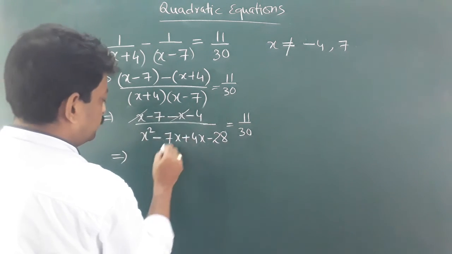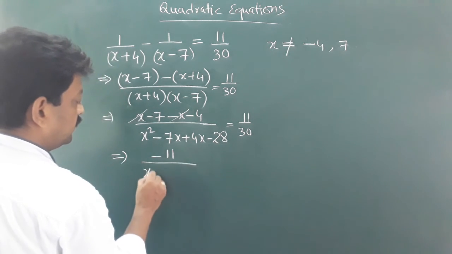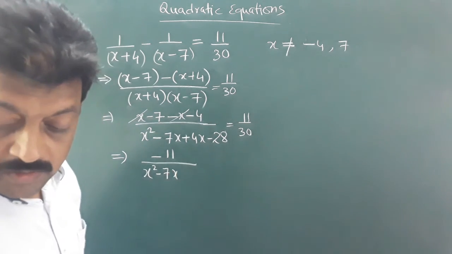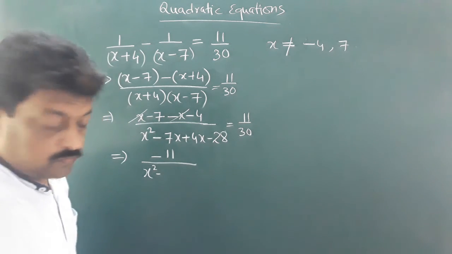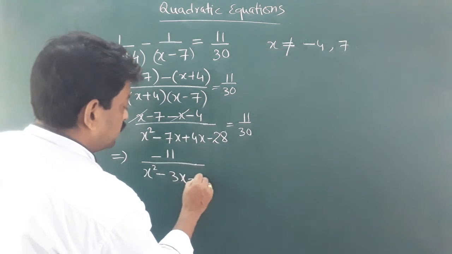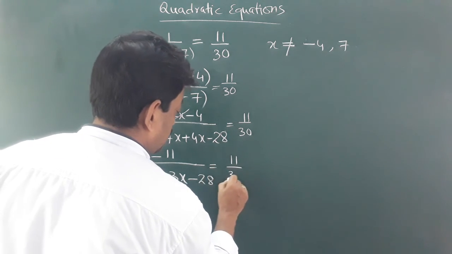Minus 7 and minus 4 is minus 11 multiplied with x square, minus 7x plus 4x, it will be minus 3x, minus 28 equals 11 upon 30.